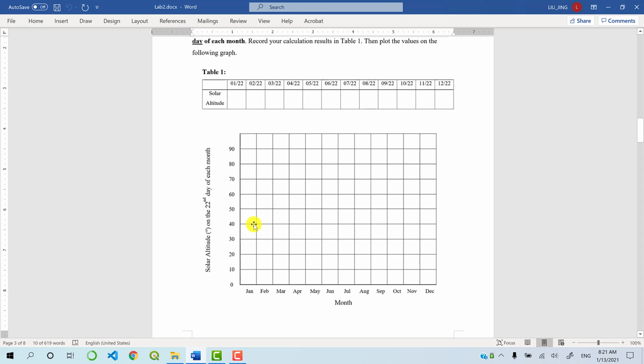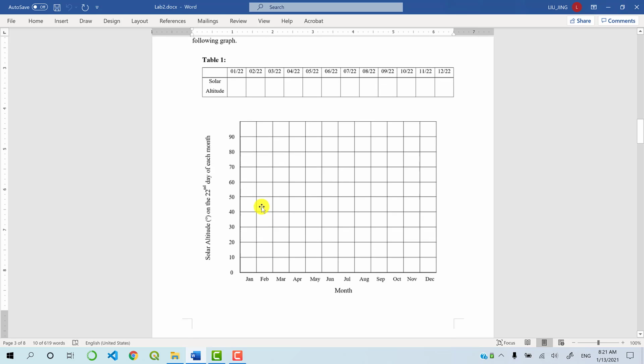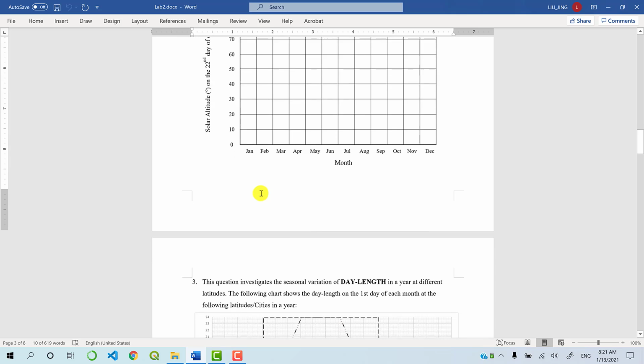For example, January today is 35, so you go here and plot 35. Then feel free to connect them. You will see a curve that is the solar altitude change in a year at LA. You can do this for your favorite place you shared with us in our discussion board in week 1, which is very, very interesting.